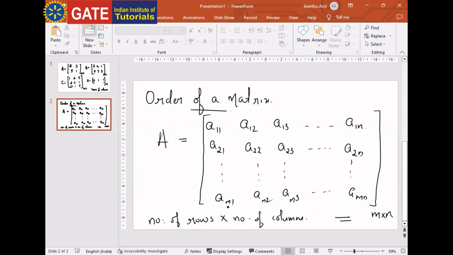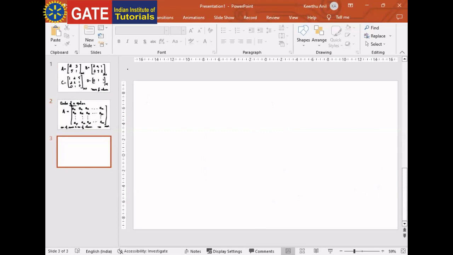Okay. Now after that, you can write a question. That will be fine. In the matrix A, capital A, otherwise, you can put an equal to and write.